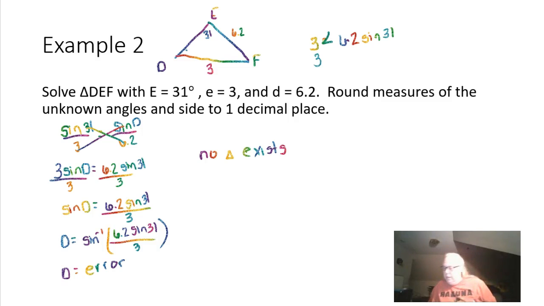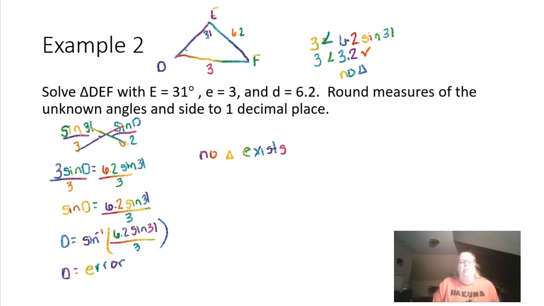And 6.2 times the sine of 31 is 3.2 when we round it to 1 decimal place. And it is less than. So because it's less than B sine A, we could have said that no triangle exists.